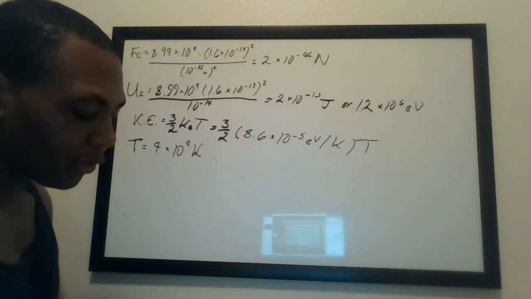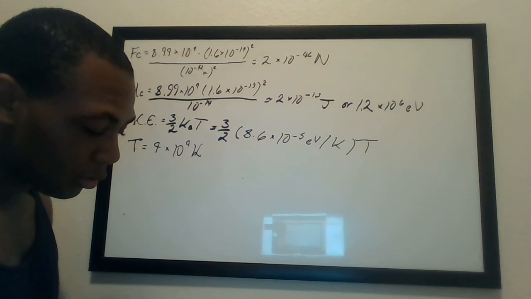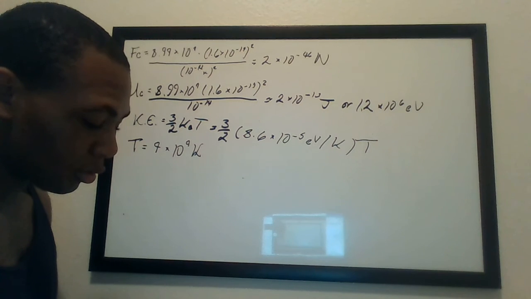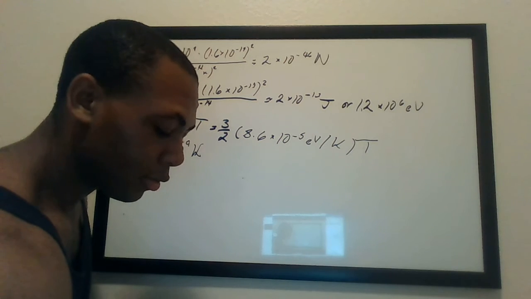And the temperature of the sun is 15 million degrees Kelvin.